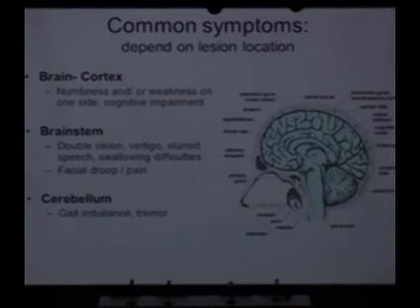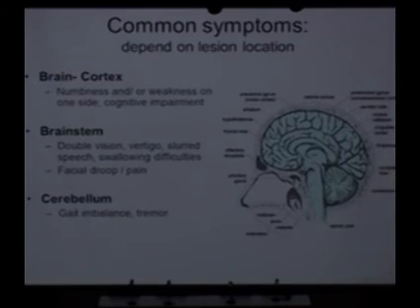So depending on where a plaque forms in the brainstem, a patient can have double vision, vertigo, slurred speech, swallowing difficulties. Nerve fibers in the brainstem also control facial movement, so someone can have a facial droop. Sometimes, depending on where a plaque forms, it could actually cause something called trigeminal neuralgia, which is recurrent sharp pains in the face.